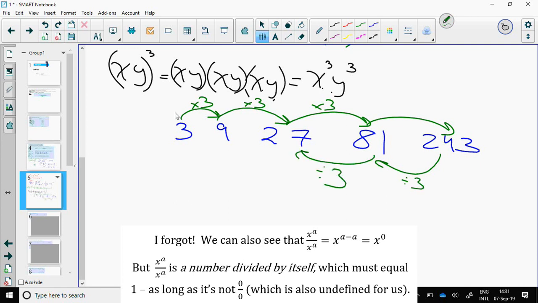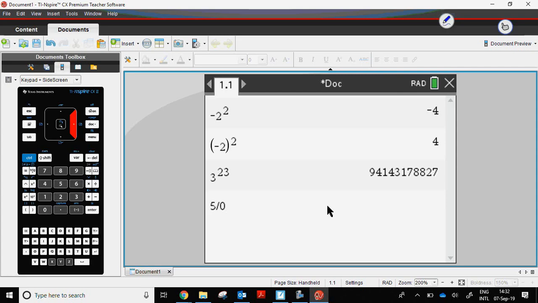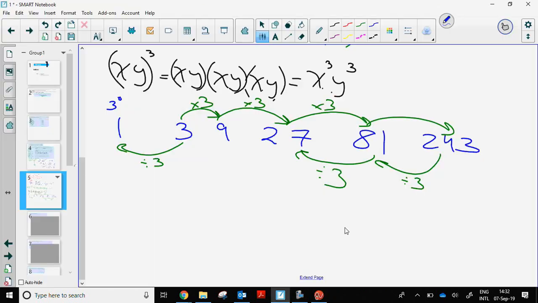And we see that when we divide 3 by 3, we get an answer of 1. And so that should be 3 to the power of 0, and that would be true no matter what the original base was. You can start this process with any number that you want, except for 0. Why? Because we can't divide by 0. Calculator doesn't know what it means, and that's because it's not a number, so please don't try to do that.